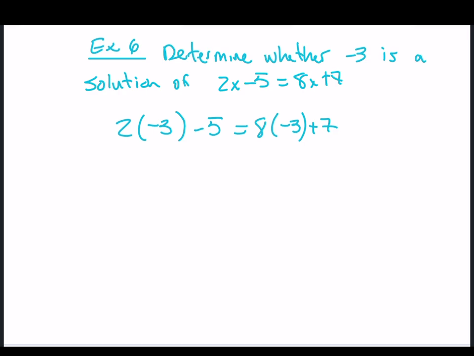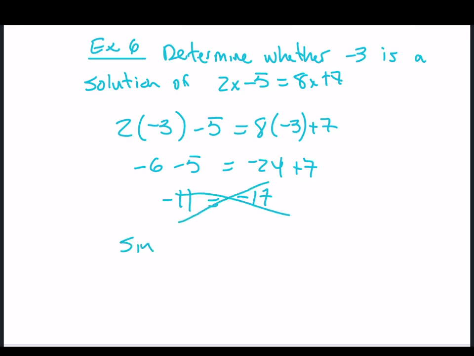So we can now do that arithmetic. 2 times negative 3 is negative 6 minus 5. Again, we're checking to see if it's equal. 8 times negative 3 is negative 24 plus 7. And so negative 6 minus 5 is negative 11. And is that equal to negative 24 plus 7? Well, negative 24 plus 7 is negative 17. So those are not equal.